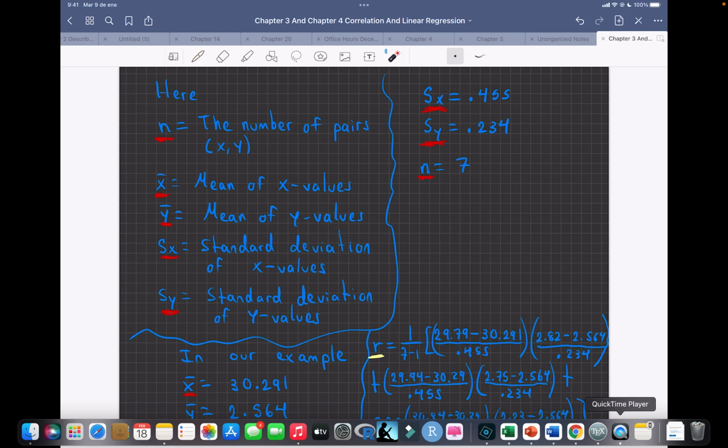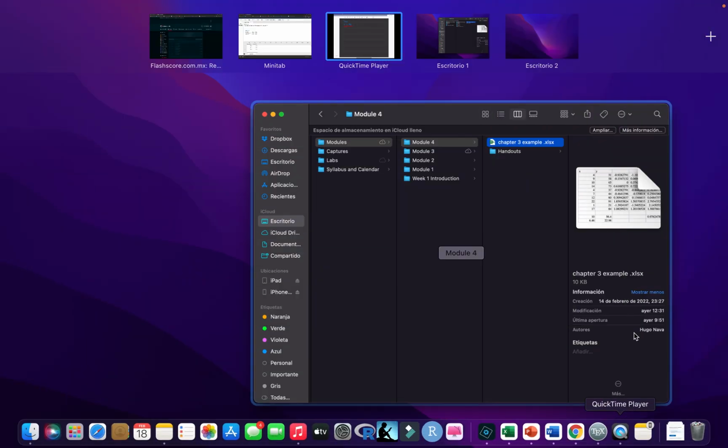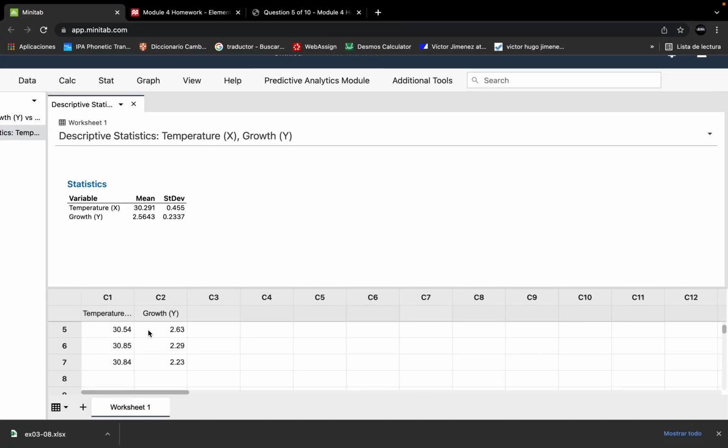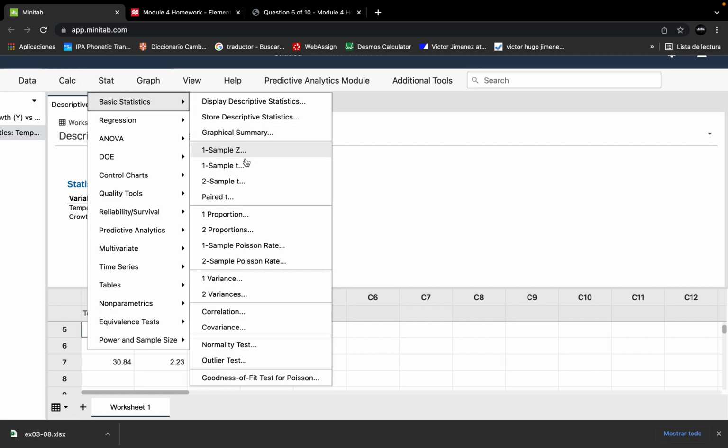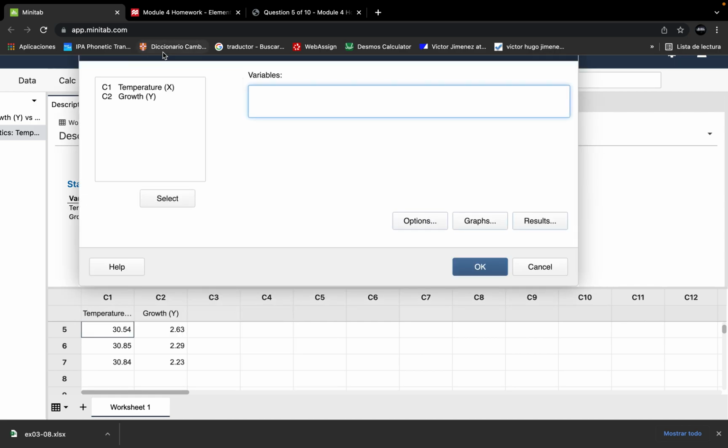But you can use Minitab to verify this, of course. Once you have the values in Minitab, go to the menu, go to Stat, Basic Statistics, and look for correlation. You see that? Again, Stat, Basic Statistics, correlation. And then only put the 2 variables, x and y, in this box.